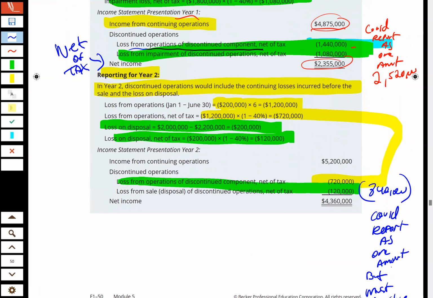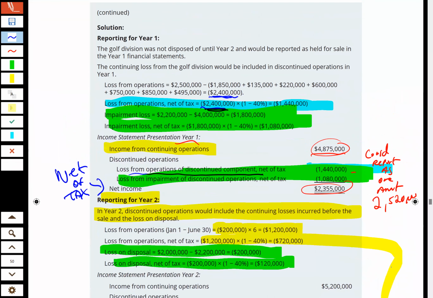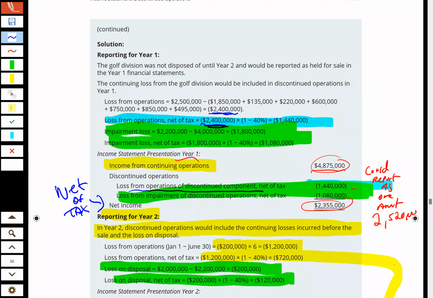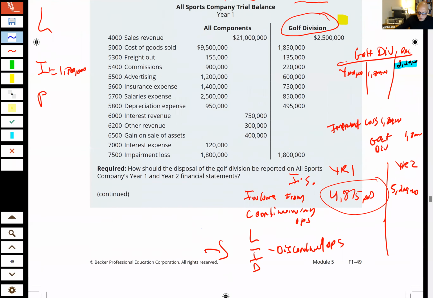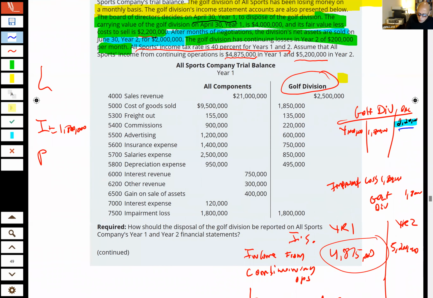Professor, in year 1, we already recognized impairment of 1.8, based on the carrying value and the fair market value, right? So why would we consider the loss on disposal as 200? Well, remember in year 1, I showed you that we had written it down to 2.2.